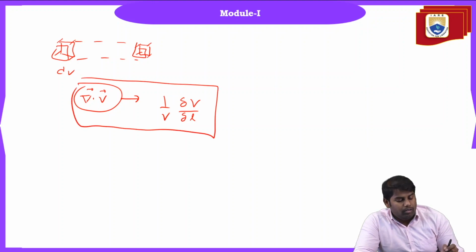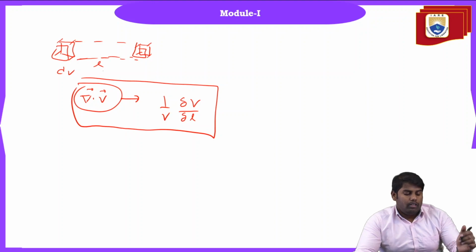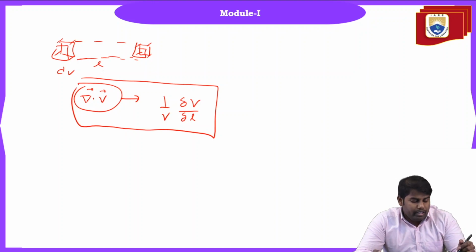Fine. So along this length, let's say this is length L, the physical significance of divergence is the change in volume per unit volume with respect to that particular distance.